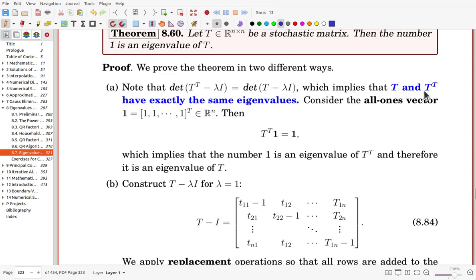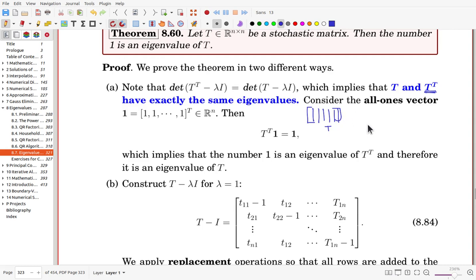Now for that matrix, we consider the all ones vector. Every entry is 1. Now we multiply T transpose to the all ones vector. Look at here. For T, if you sum vertically, then each column sums to 1.